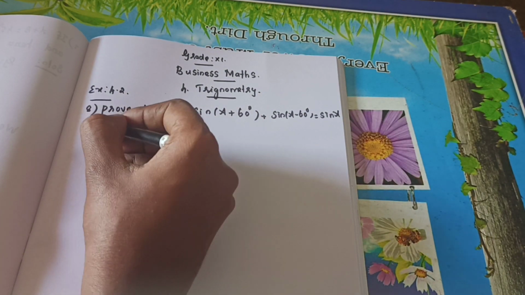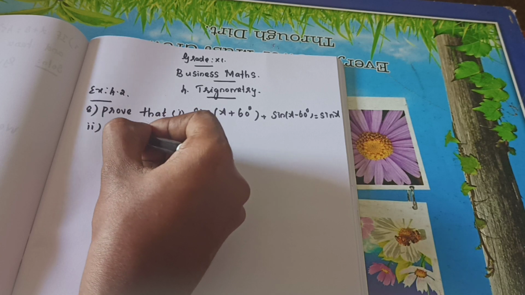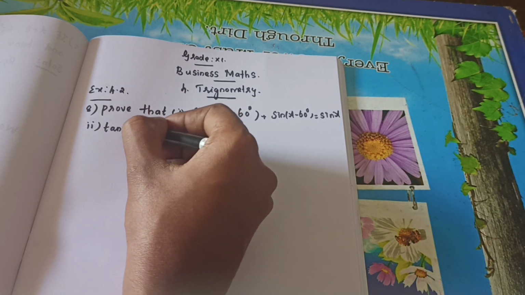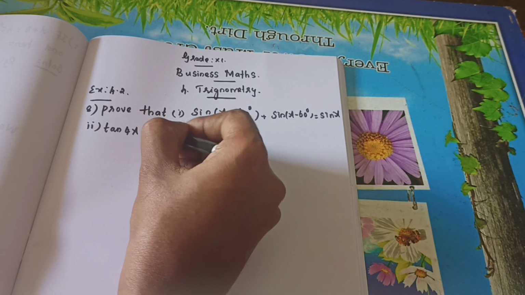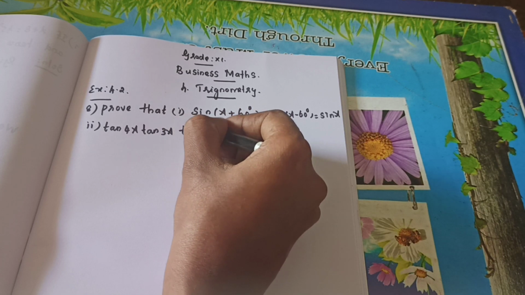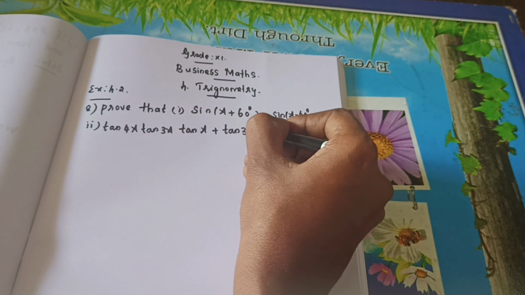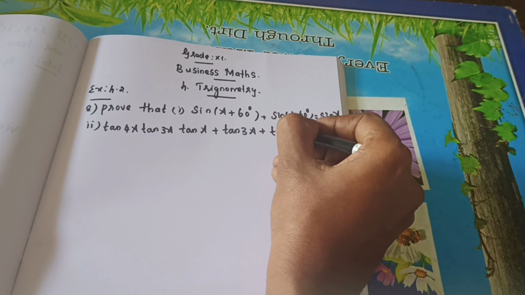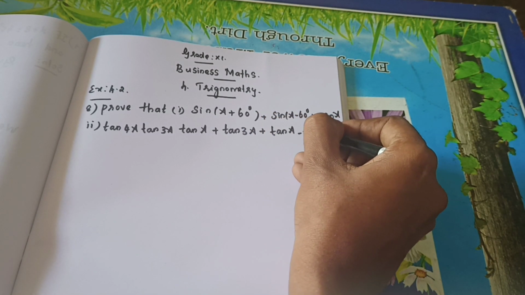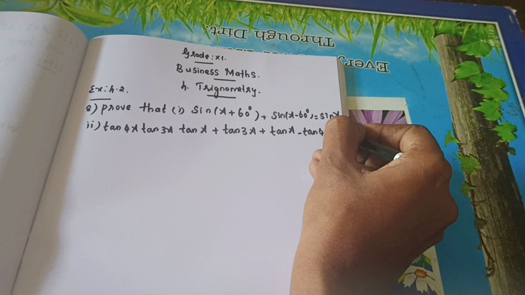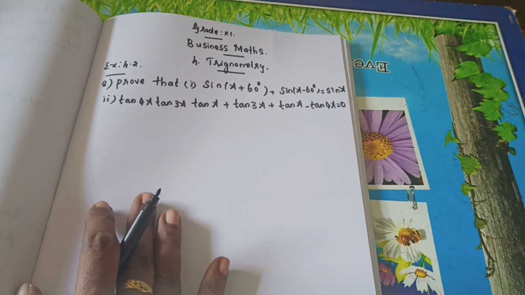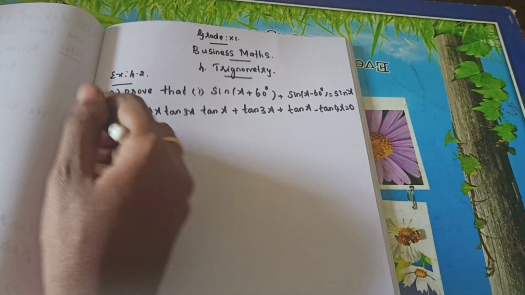Second part, tan 4a tan 3a tan a plus tan 3a plus tan a minus tan 4a equals 0. Solution.